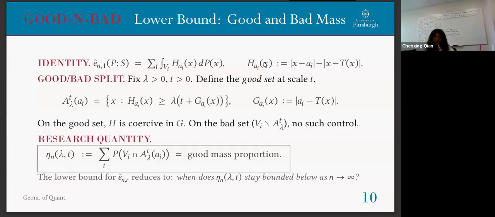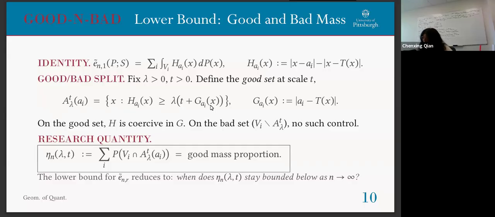But actually, in some bad cells, the coercivity condition fails. So here we define the concept of a good set. Fixing the threshold parameter lambda and a scale parameter t, we define a good set as a set where the function hi is coercive with respect to t, lambda, and g.